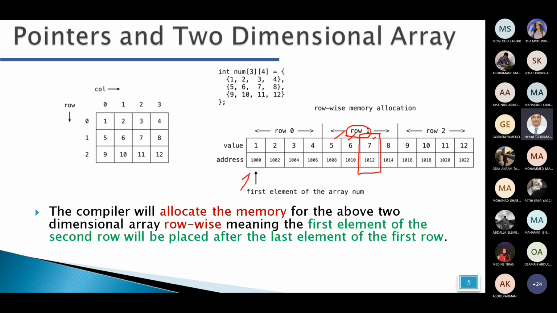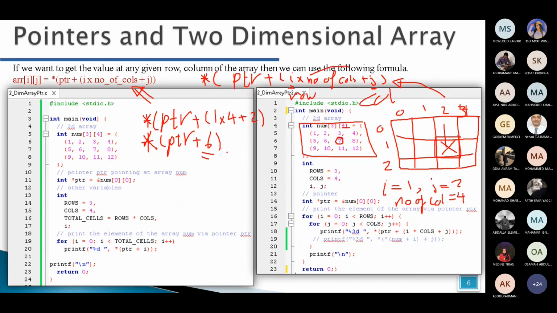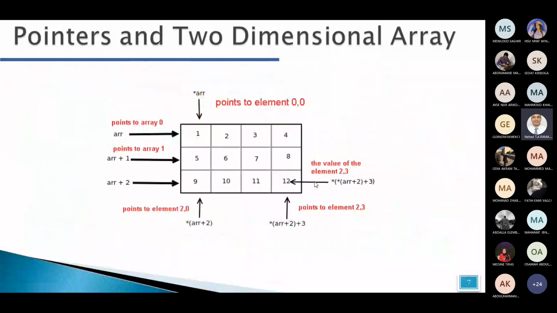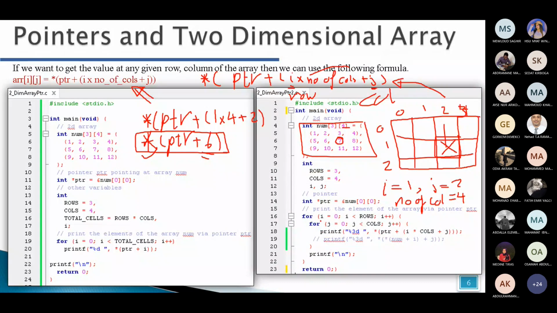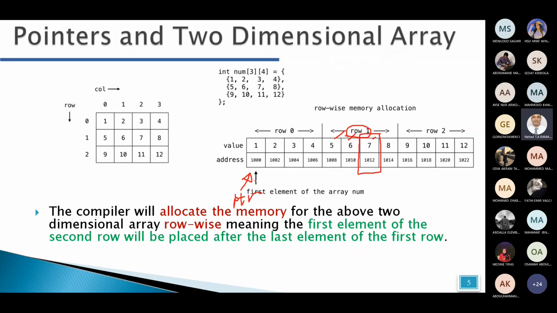Now, if PTR is here, according to this rule, we will move PTR how many elements? 6 elements, then get the value. So PTR starts here, move it 6 elements, 1, 2, 3, 4, 5, 6. So PTR points here, and then we will use the star to get the value.